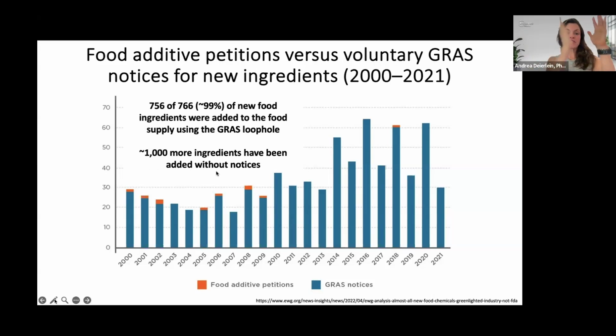But as I mentioned, there's also that separate sort of secret GRAS where it's voluntary, so they don't have to actually notify the FDA. It's been estimated there might be at least 1,000 more ingredients in our food supply that have been added by food manufacturers using this loophole without any notice to the FDA.